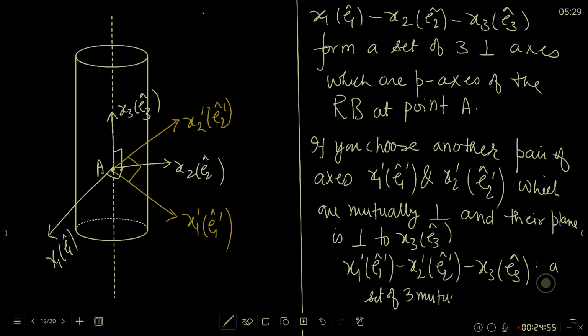You have many choices. With x3 e3 as one common axis, you can choose an infinite set of three mutually perpendicular p-axes if the body is one of revolution, as I showed, and the inertia tensor that you are interested in is of the body at point A, and A is the point on the axis.